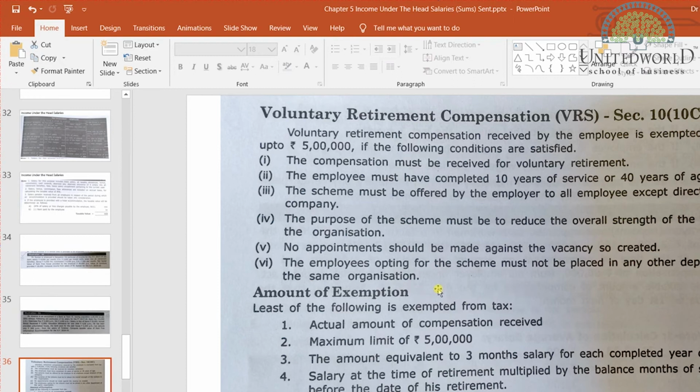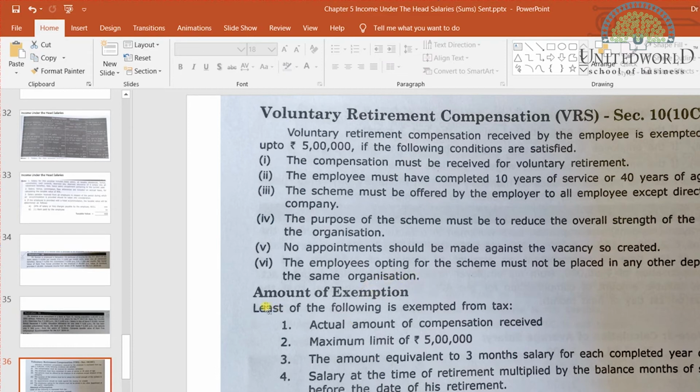So in my example, 10,000 rupees monthly salary, 3 months' salary comprises 30,000 rupees, 30,000 into 15, that is 4,50,000 rupees. So 4,50,000 rupees will be considered under this third point.